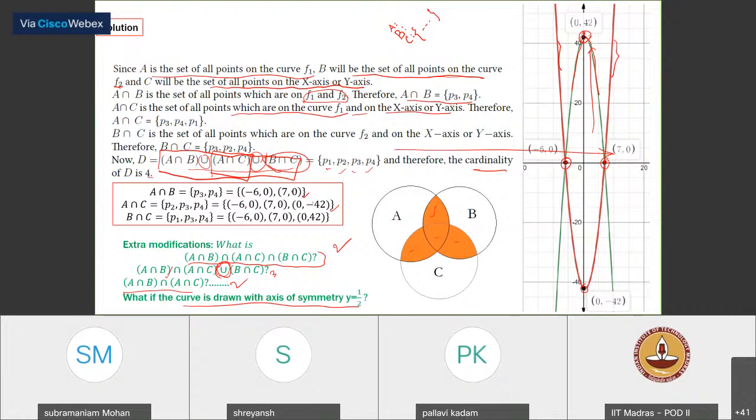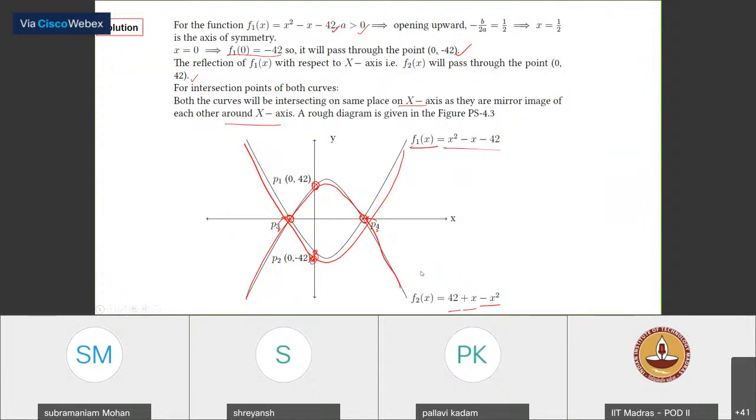The parabola facing upward is A. F1. And the parabola facing downwards is B, F2. So this is A and this one is B, I think. Yes, B is F2.